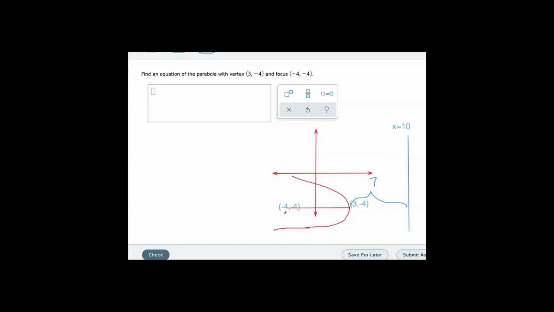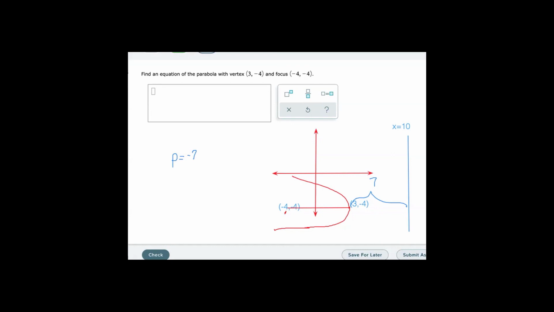All right, so once we know that p is going to equal -7, and that's the distance from focus to the vertex. And if you take -4 minus 3, you're going to get that -7. So p is -7. We also know that it's a horizontal parabola.